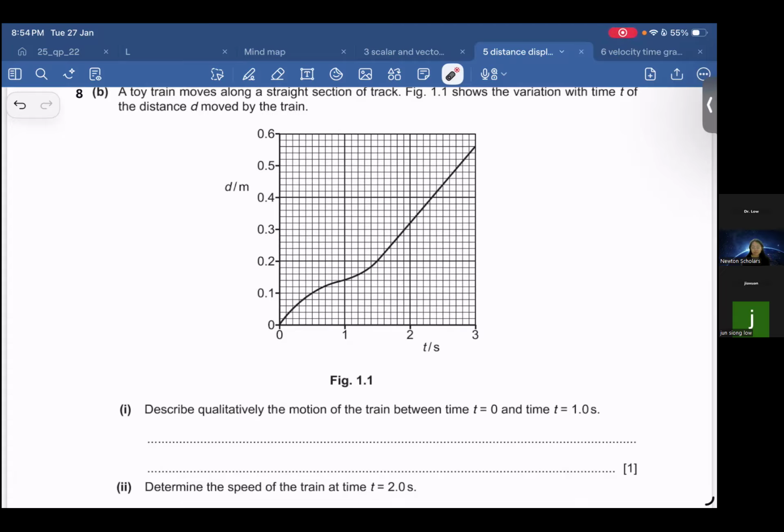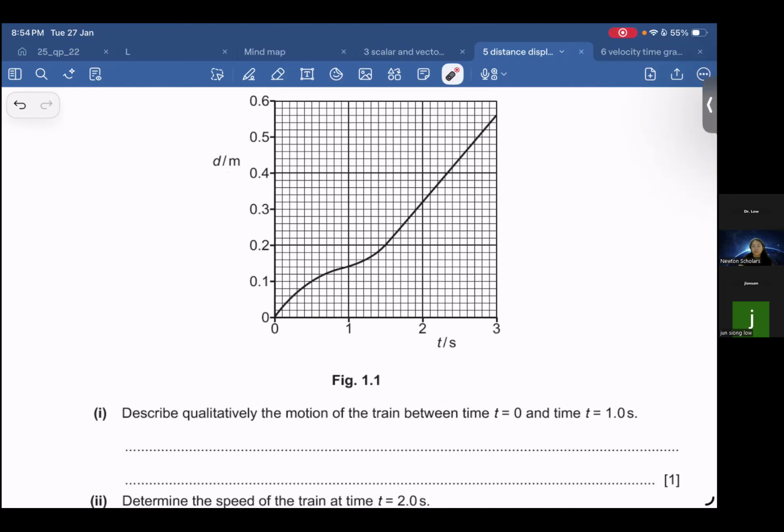Zhuxiong, yes. Now I'm waiting for Jiaxuan. Jiaxuan, what is the motion? Accelerate. Jiaxuan, so you draw the gradient. Is the gradient increasing or decreasing? Does it become steeper or less steep? Okay, decreasing gradient.